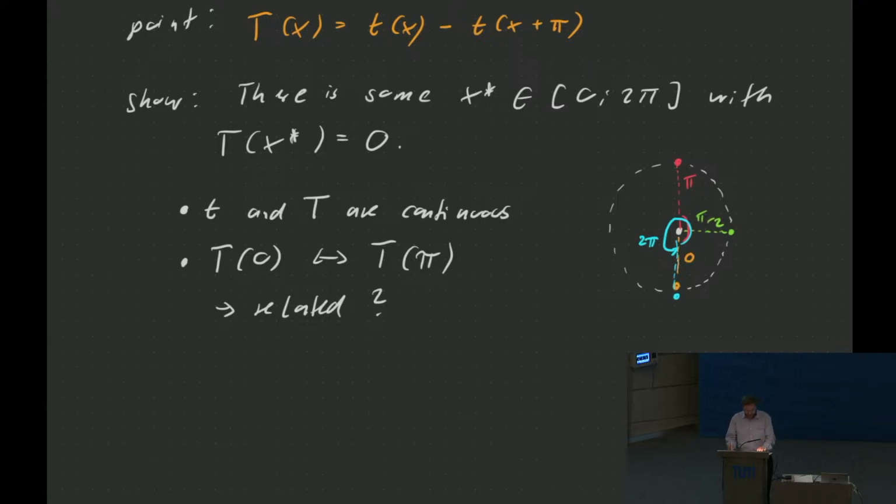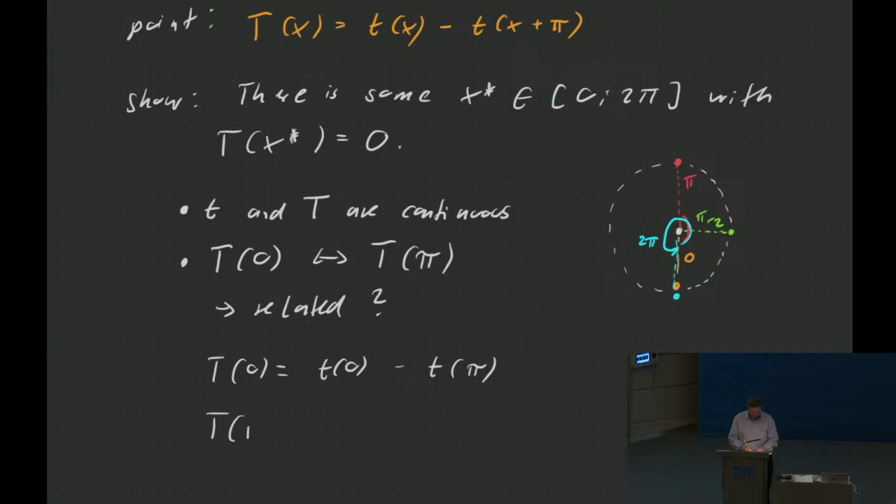Actually, we're almost there. The point is to find that relation, and if you just substitute that 0 into the definition, remember, that was how we defined our capital T, you get that T of 0 is t of 0 minus t of 0 plus pi, so t of pi.